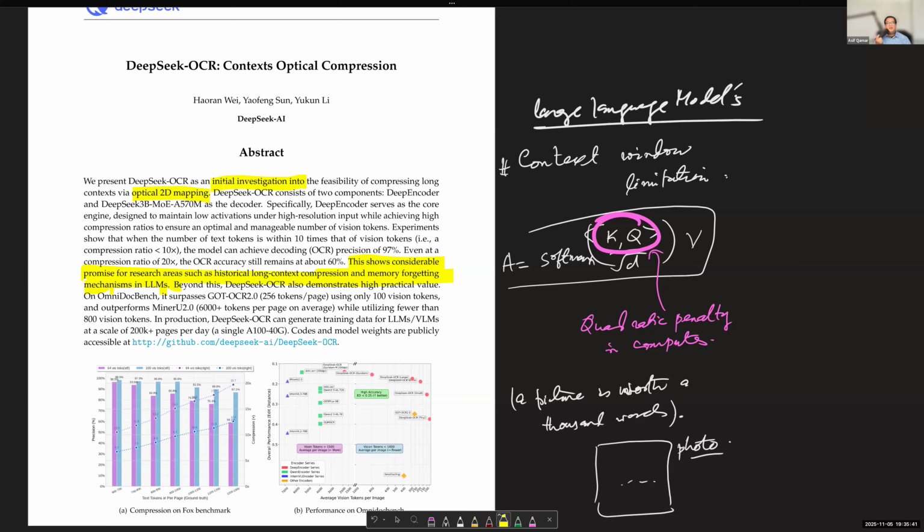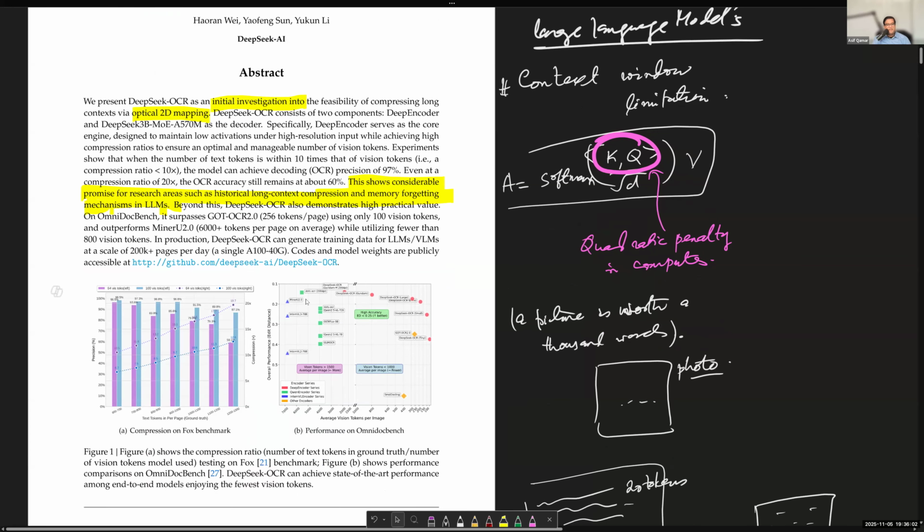What happened last year, in even broader strokes. So there is a process of forgetting and remembering only the semantically relevant parts from the past. And they will talk about in this paper a way to forget or not pay attention to past things as much. Beyond this, DeepSeek-OCR also demonstrates high practical value, and there are benchmarks that show it does very well.